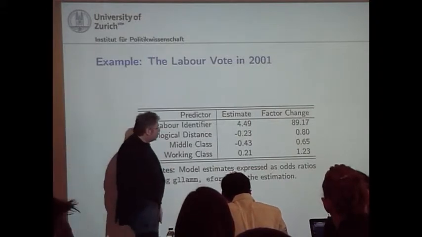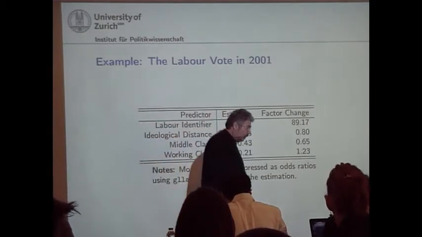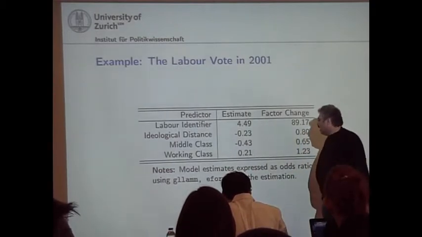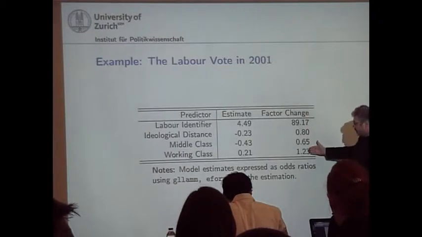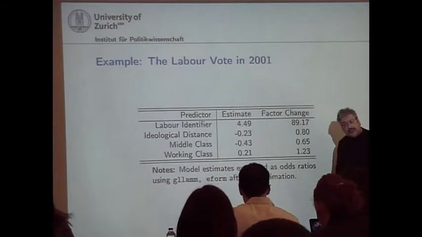And then this is just repeating the estimates that we had earlier from the random intercept model. And then we can turn those estimates into factor changes very straightforwardly.